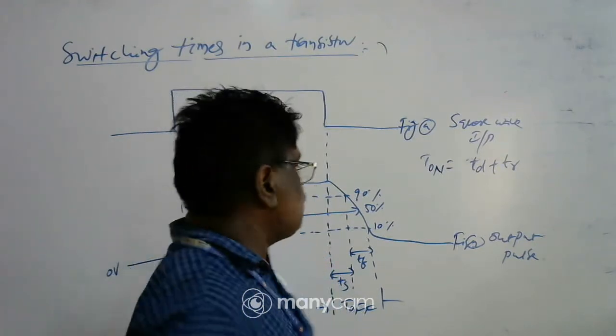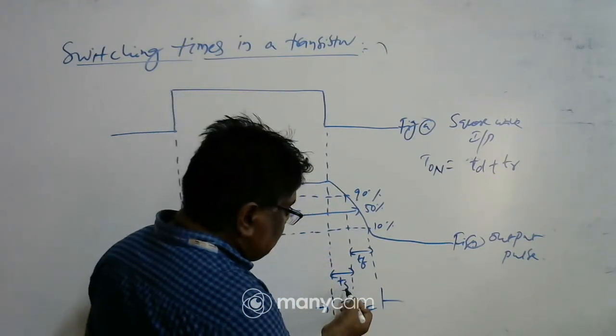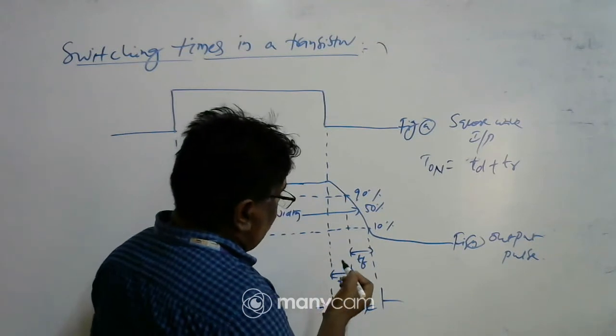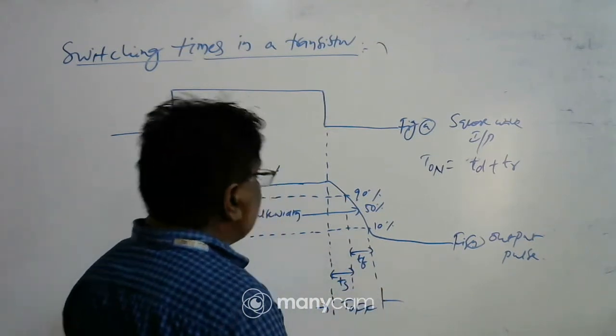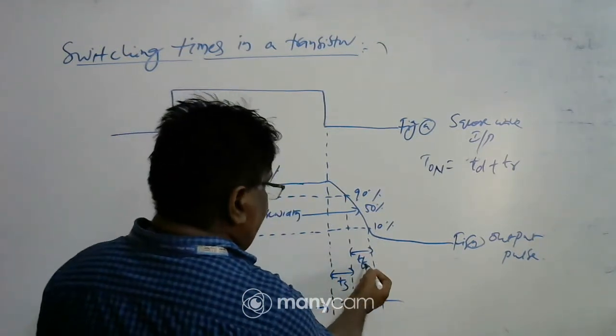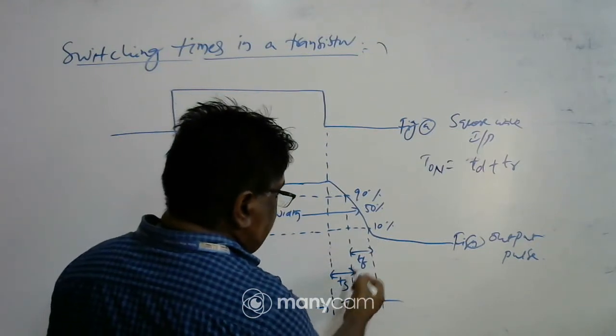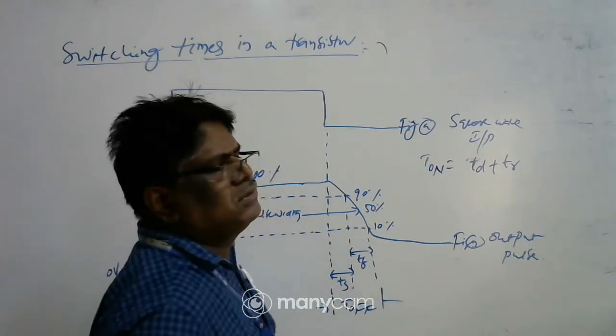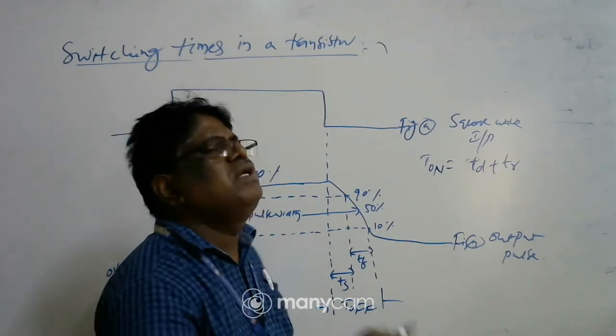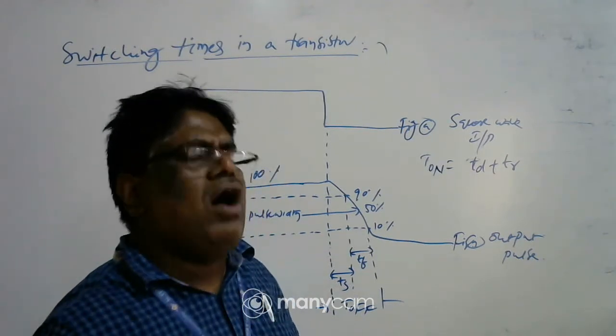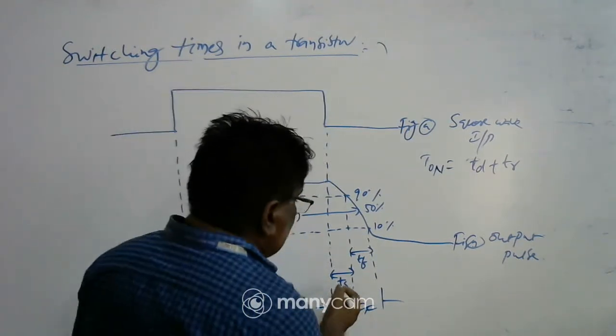Next one, what is the storage time? Here, TS means storage time. TF means fall time. So TS plus TF is equal to T off time. Storage time plus fall time is called the T off time. What is the storage time?